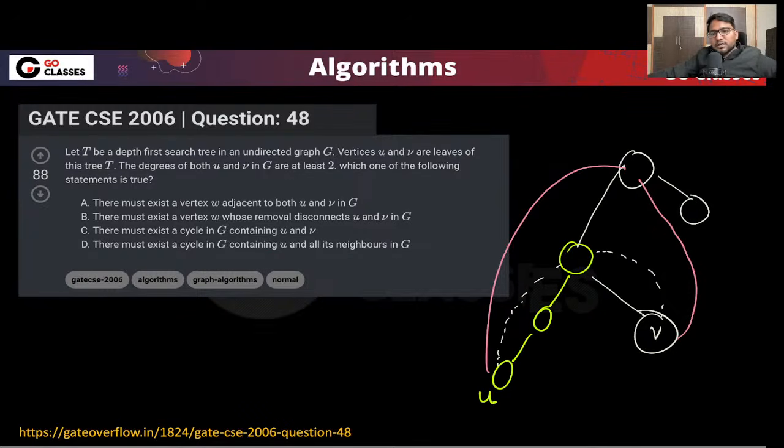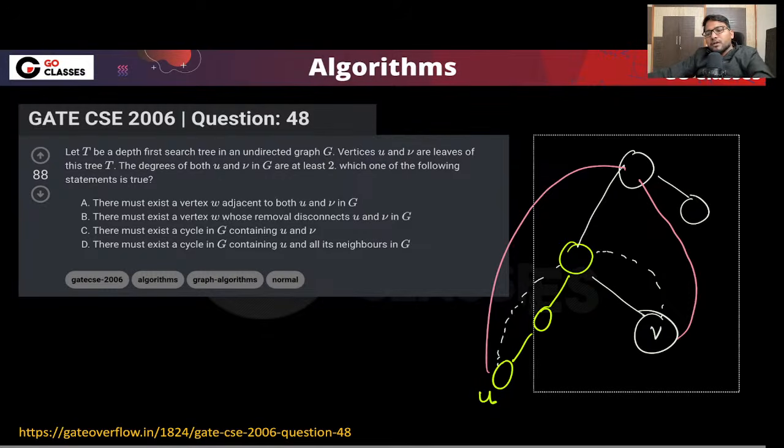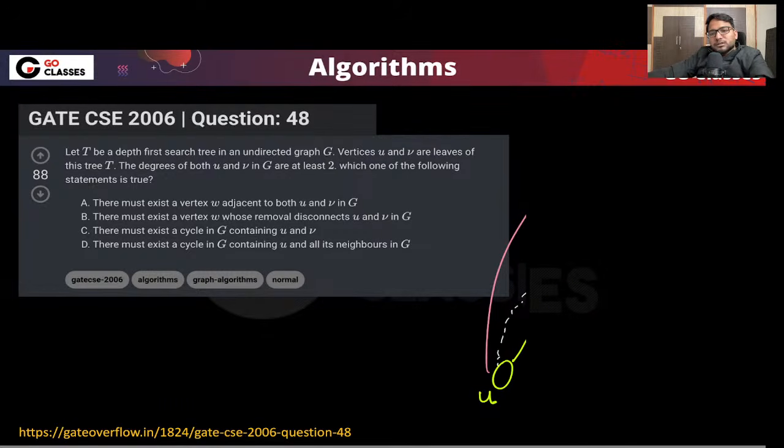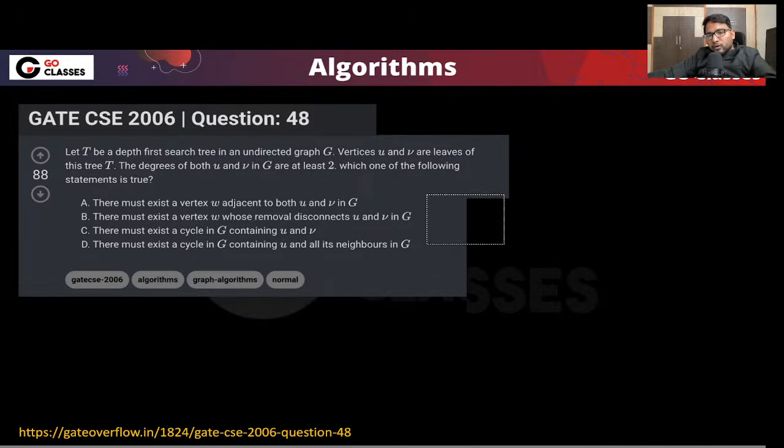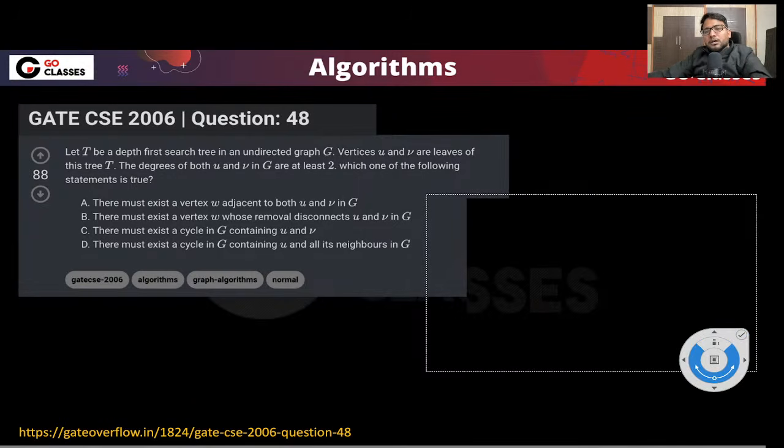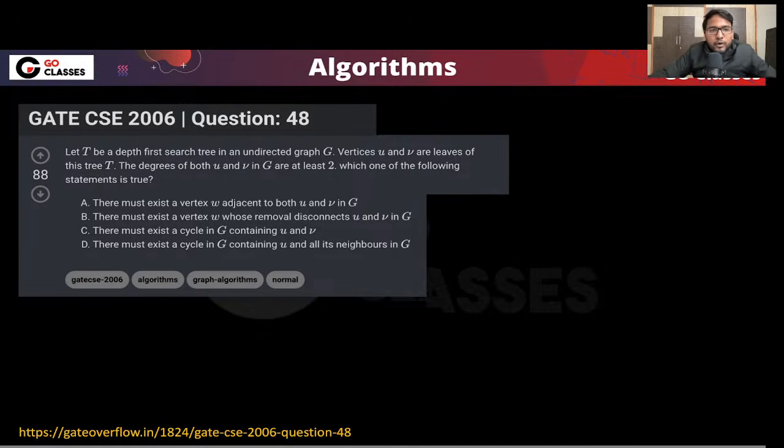So let's just try to solve this question, right? Let's just see about the cycles. Do they really need to have the cycle or not? Let's just check. Suppose that there is a graph in which U and V are two leaf nodes, right?